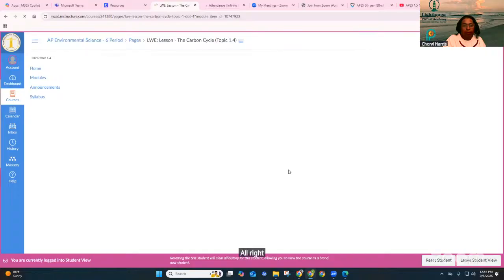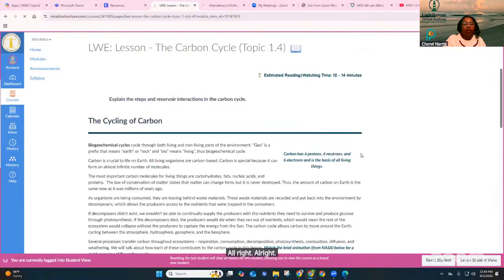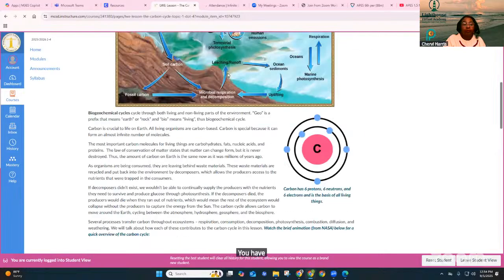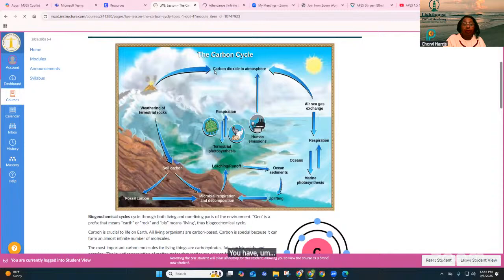All right, in the carbon cycle, you have carbon dioxide in the atmosphere. That's one stage. You have weathering of the rocks. You have carbon in the soil that can be weathered away. You can have it stored as fossils.